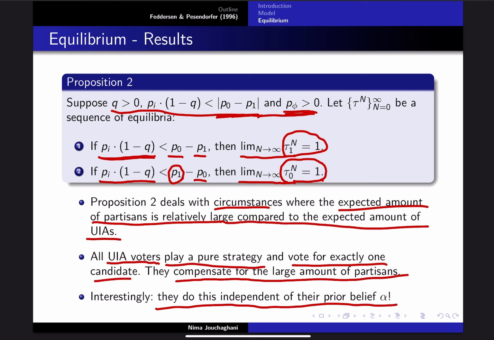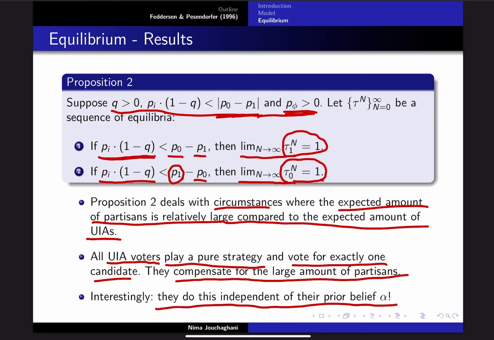Basically it's telling you that if alpha is very close to 1, we just check what it exactly was.